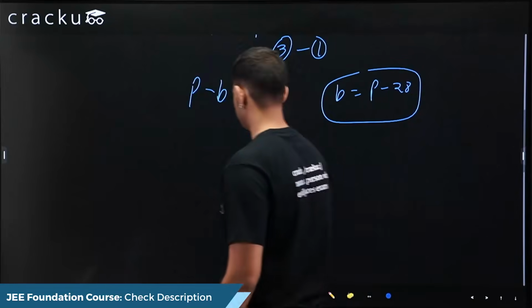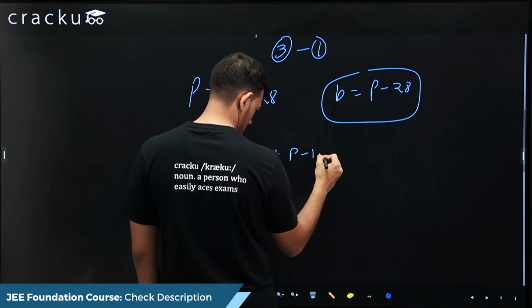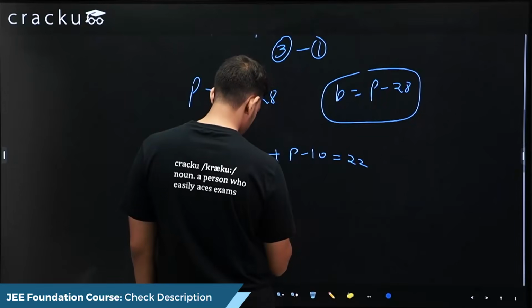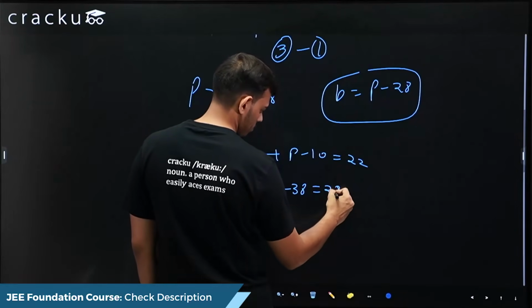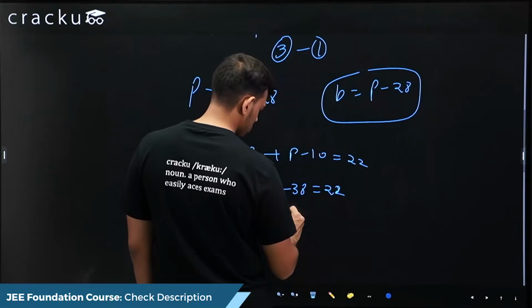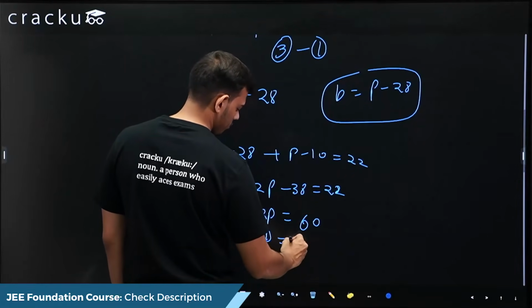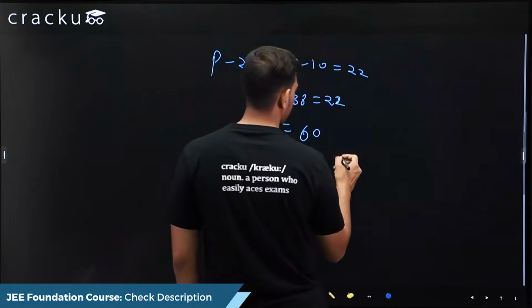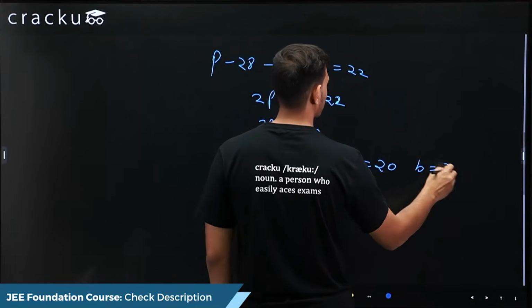So P minus 28 is B, P minus 10 is A, 22. 2P minus 38 is 22. 2P equals 60. P comes out to be 30. A comes out to be P minus 10, 20. B comes out to be P minus 28, 2.